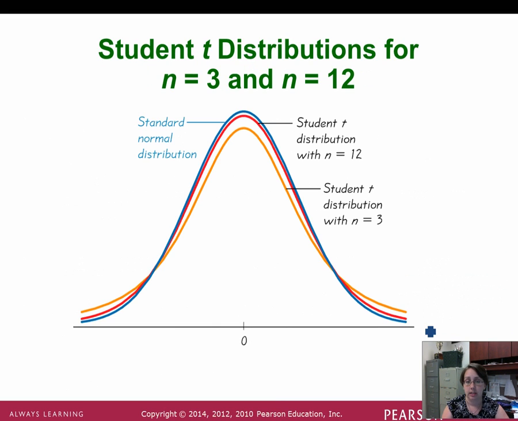So let's look at this. The orange one here had a sample size of 3. The red one had a sample size of 12. The larger the sample size, the closer it becomes to the standard normal bell curve at the top. So the larger the n, the closer we are to a standard normal distribution.